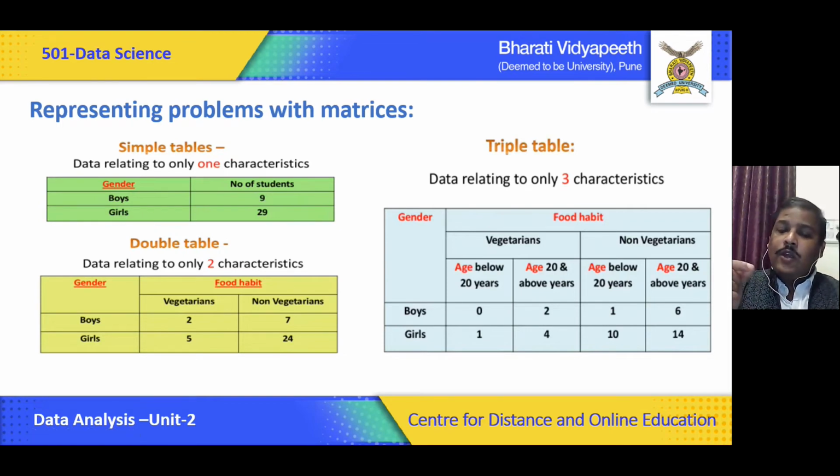Now I can say none of the students who are below 20 go for vegetarian. See here, you can see 0. So the students who are less than 20 years, they are not all vegetarians. That means those who are below 20 need every type of food habit, right? That's why they are in different categories.